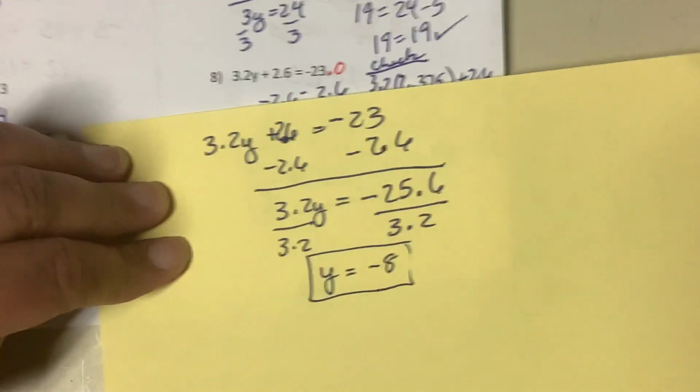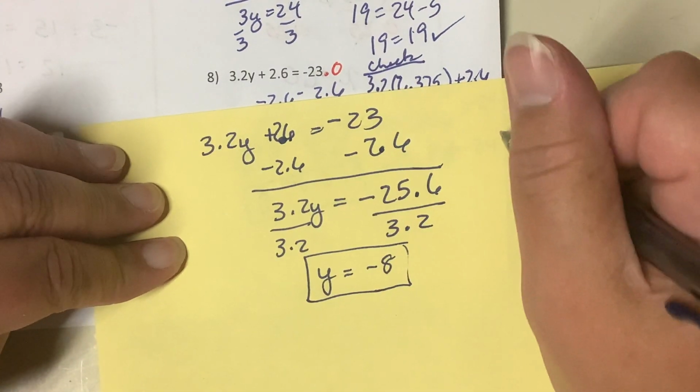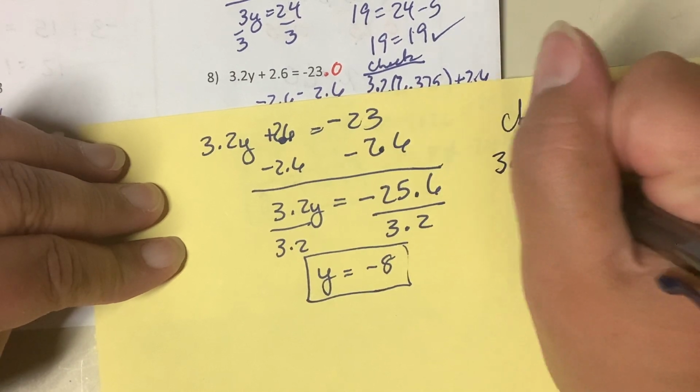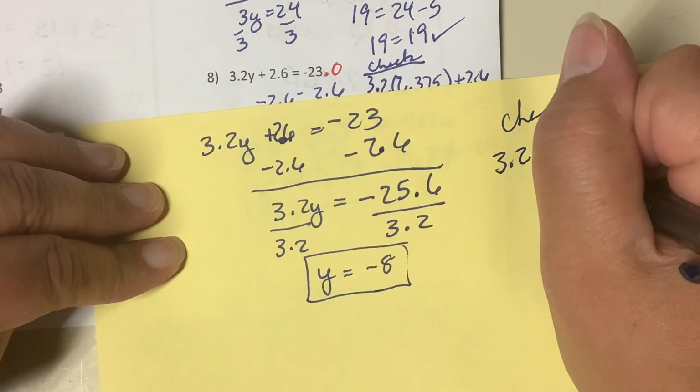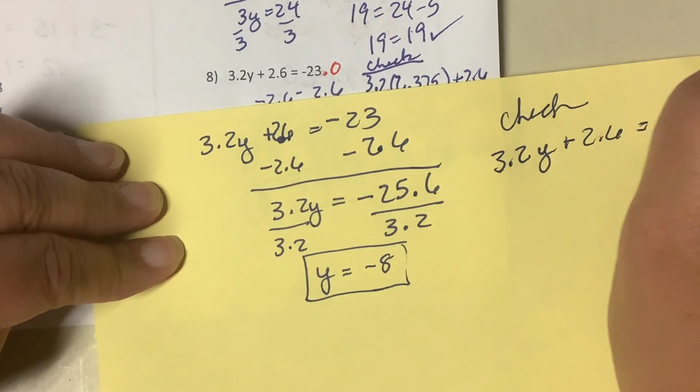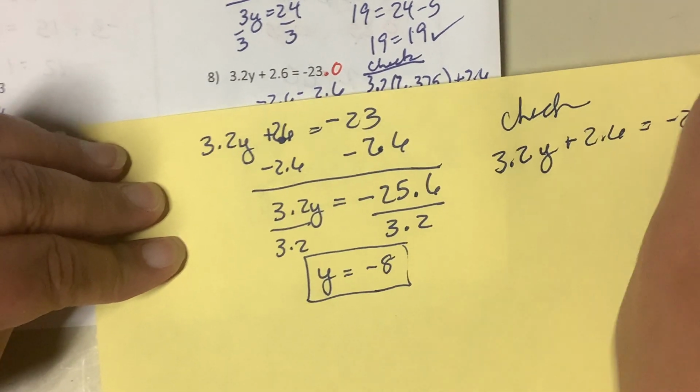So now, when I go and check it, 3 and 2/10 y plus 2 and 6/10 equals negative 23.